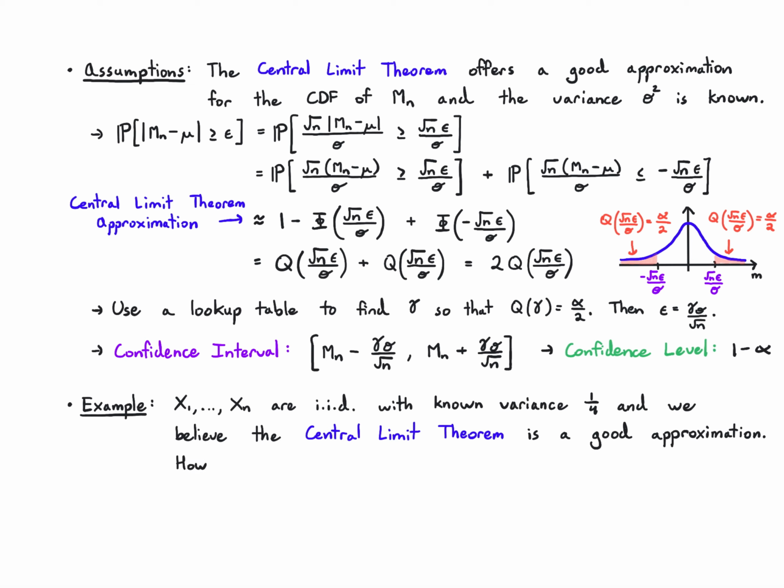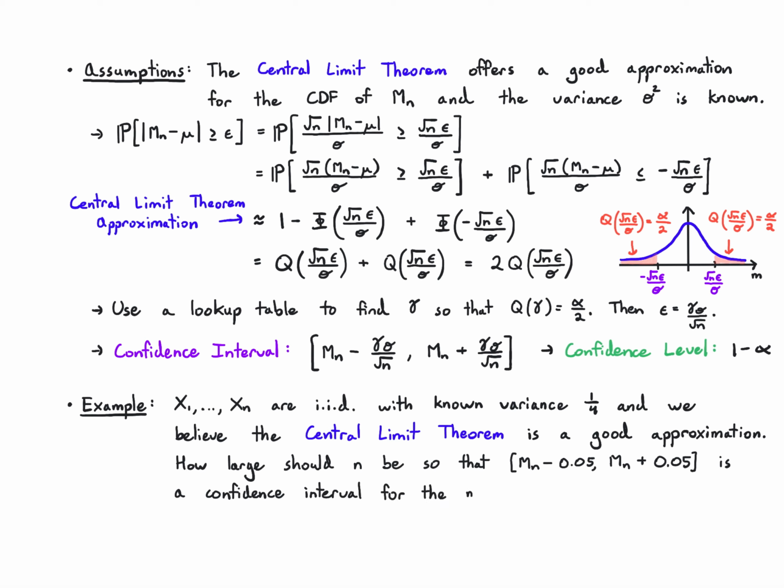Now how large should n be? I want to know how many samples I need to collect such that this confidence interval, sample mean minus 0.05 up to sample mean plus 0.05, where 0.05 is my epsilon, contains the true mean with confidence level 0.95.